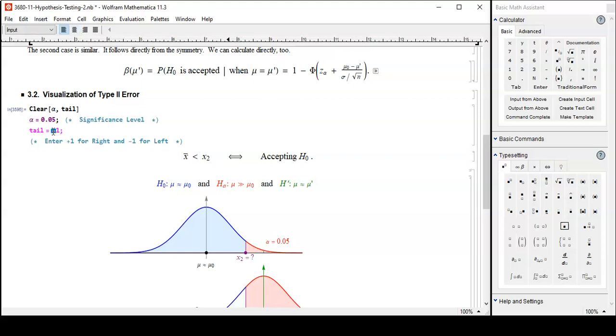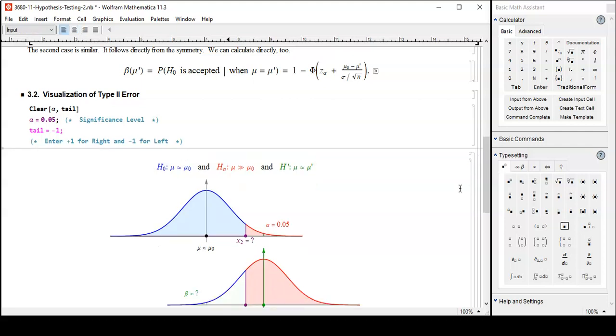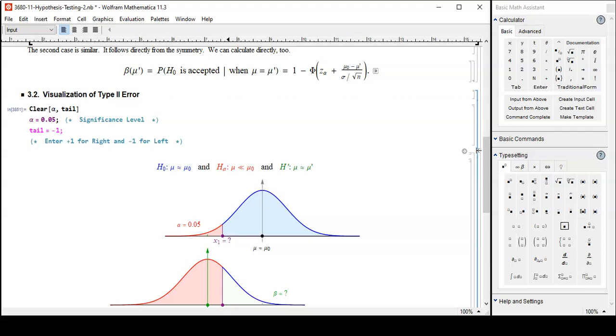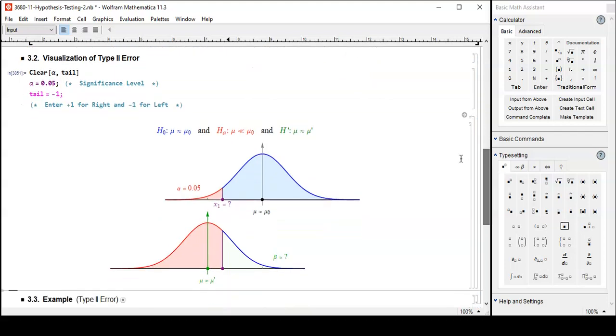Now, what if I go to the left? It's going to be like this. This is a standard around the null, and this is a critical point. So if we get x bar less than x1, too far away from the null, so let's go with alternative.